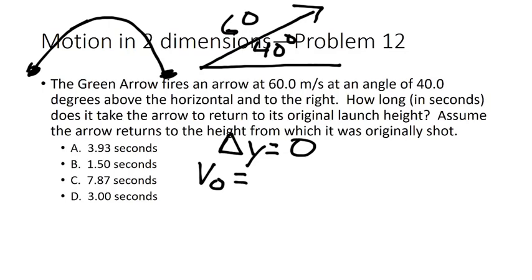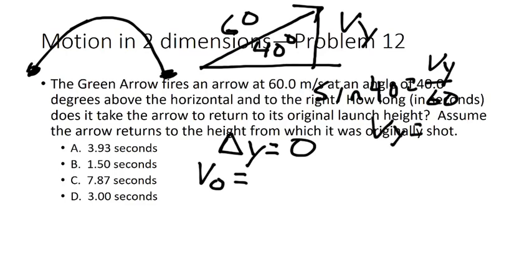It's going to be the vertical component of that 60. So let's draw down a 90 here and let's find the vertical component, Vy. So let's say sine 40 equals opposite Vy over hypotenuse, 60. Let's solve that for Vy.